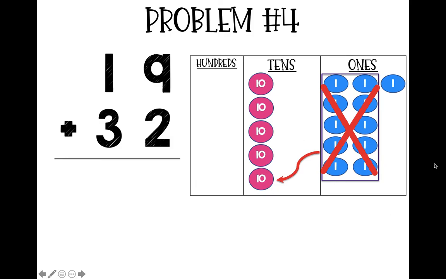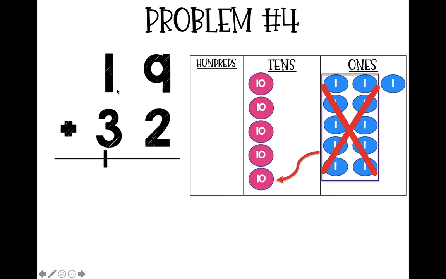Next, we need to show this on our vertical form. Because remember, everything we do on our place value chart, we do to our vertical form. How do we show that we made a new 10 on our vertical form? That's right, we write that 1 on the line under the tens place to show that we made a new 10.